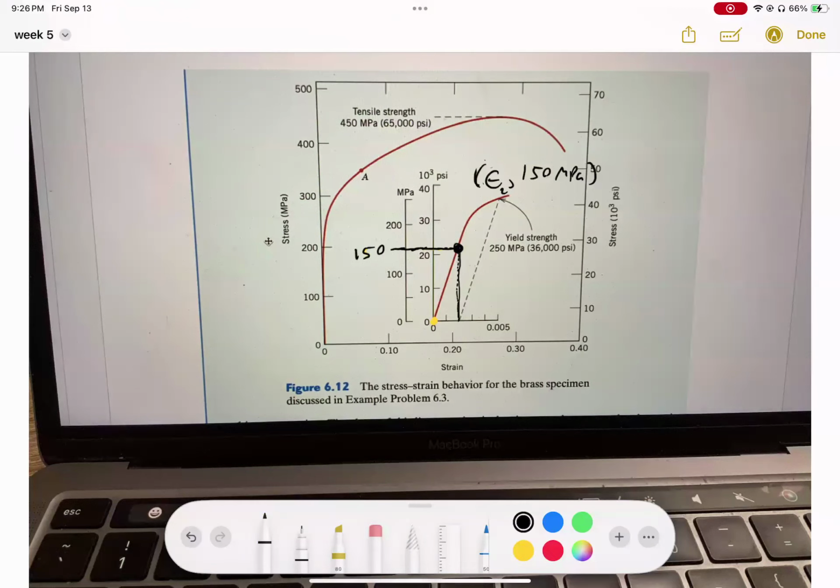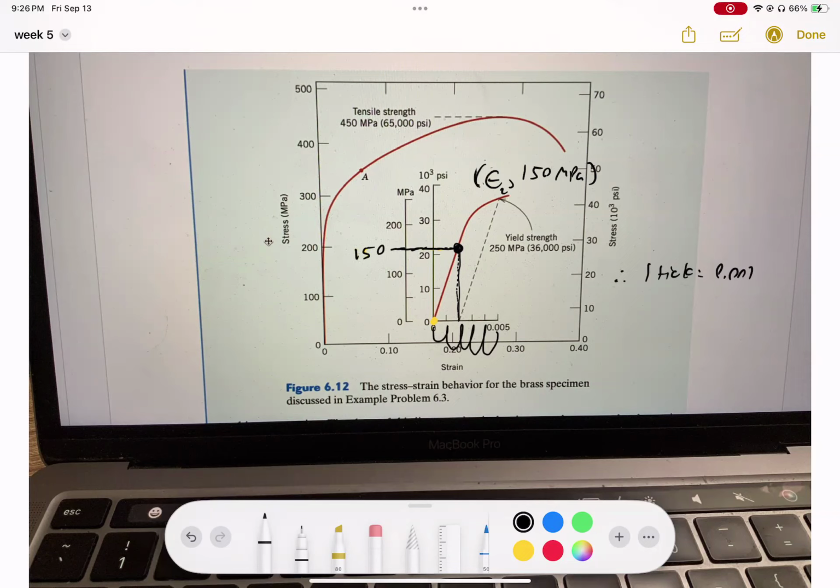Okay. So we can quickly figure that out by counting the x-axis. So if you follow over here, it's 1, 2, 3, 4, 5. Okay. So then 5 ticks in order to get 0.005. So that means 1 tick represents 0.001 for strain.